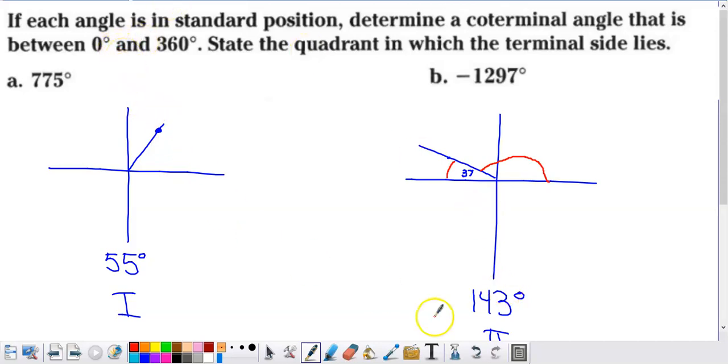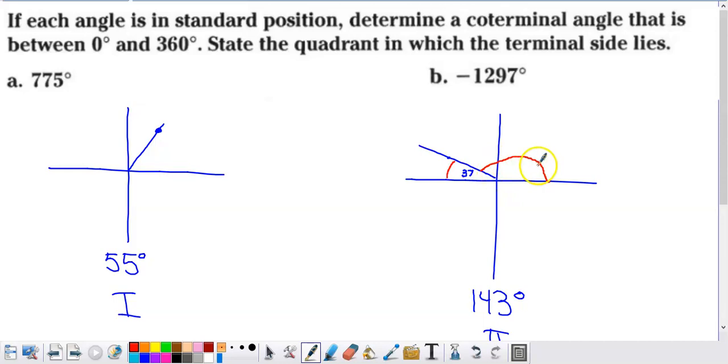So if I'm trying to specify this angle, I used this 37-degree angle to help me plot the angle that I started with in standard position. You should realize that across the x-axis here is 180 degrees. We have to do 180 minus 37 to figure out what remains right here, right?